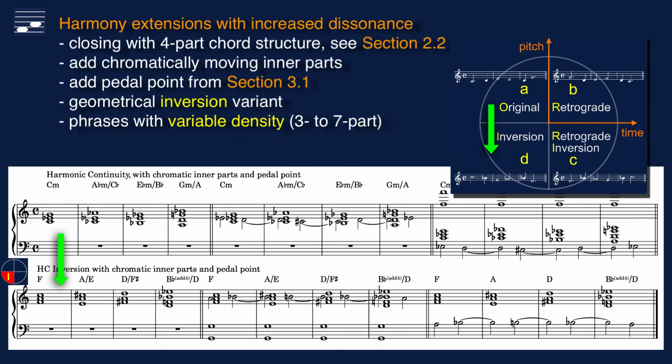After applying the strict geometrical inversion transformation operation, we obtain measures 13 to 24, which also has variable density, pedal point and chromatically moving parts.